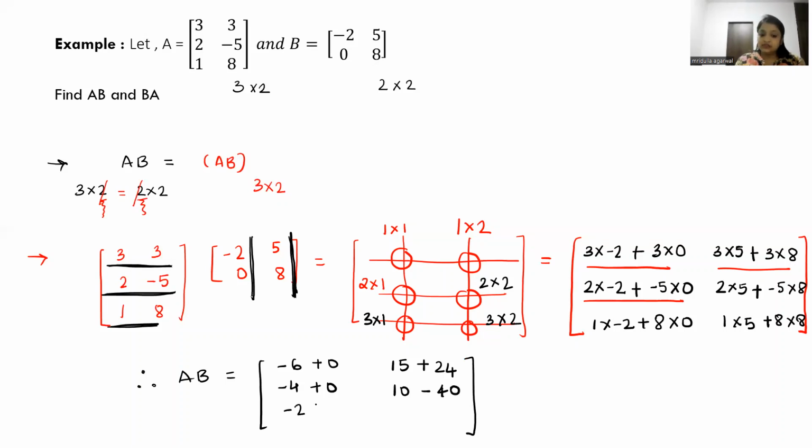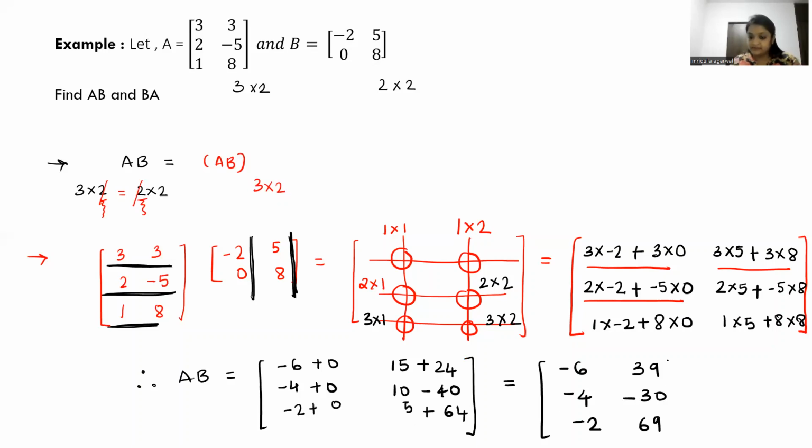This is -2 plus 0. This is 5 plus 64. So we'll add the numbers. We get -6, -4, -2. If we add this, it is 39. Here it will be 30 with the sign of the bigger number, that is 40. And if we add this, we'll get 69.